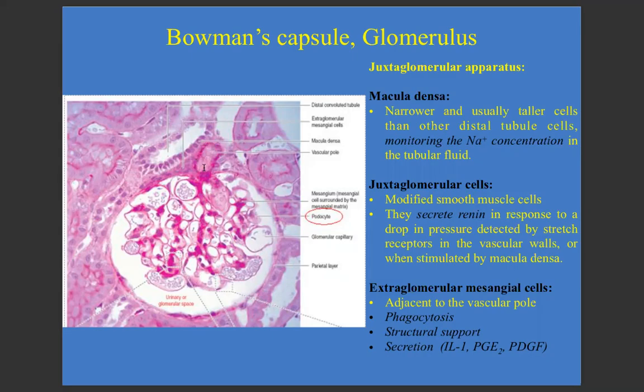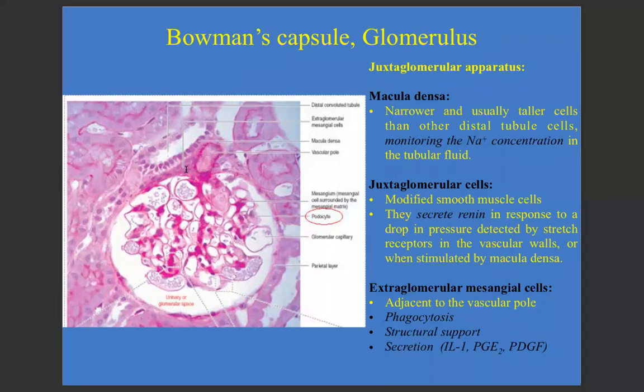These cells are modified smooth muscle cells and sense the pressure in the vascular wall. And extraglomerular mesangial cells, which are just the adjacent cells of the vascular pole and macula densa.